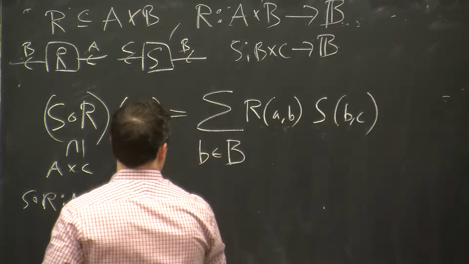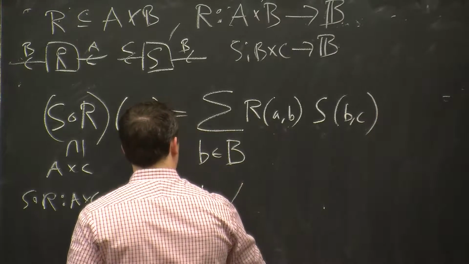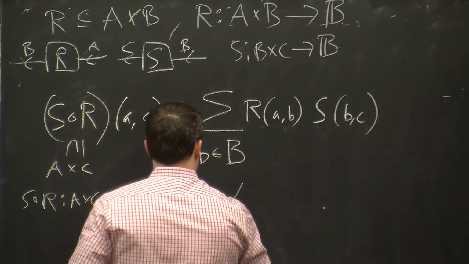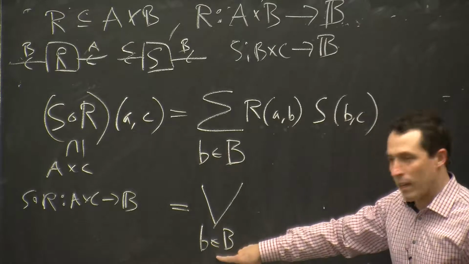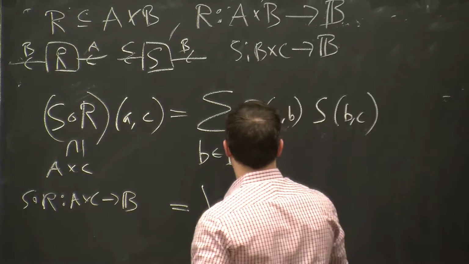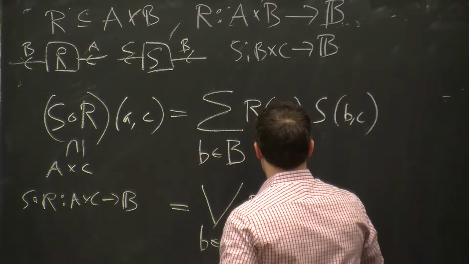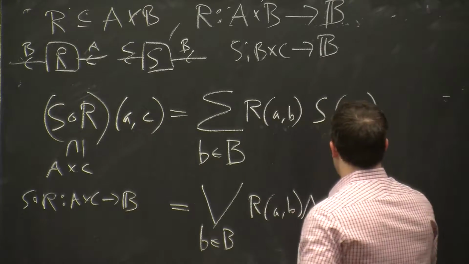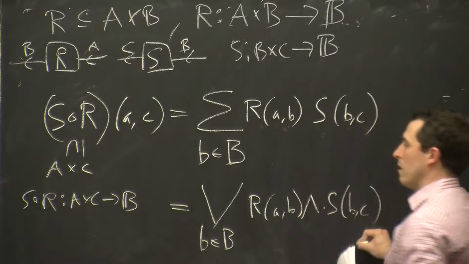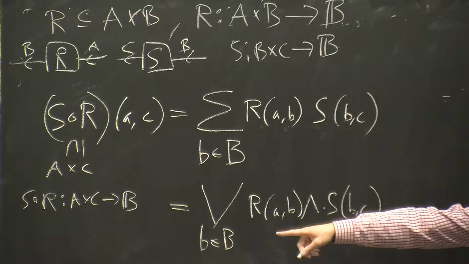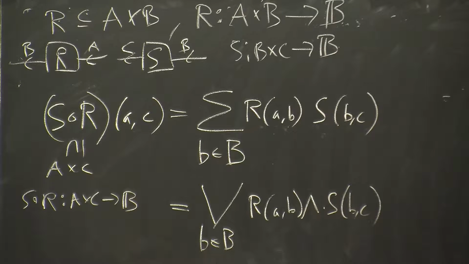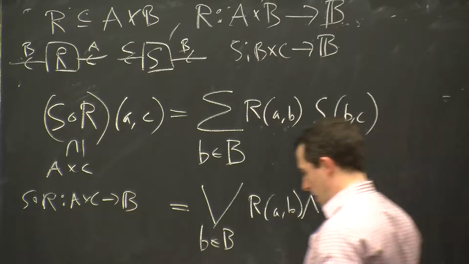So in other words, this is just a notation for taking the OR. I check for every intermediate thing: if for any of those, it's true that AB is in R and BC is in S, then I put AC in the composition. That's the same rule we had up a moment ago for composition, right? Same composition rule.